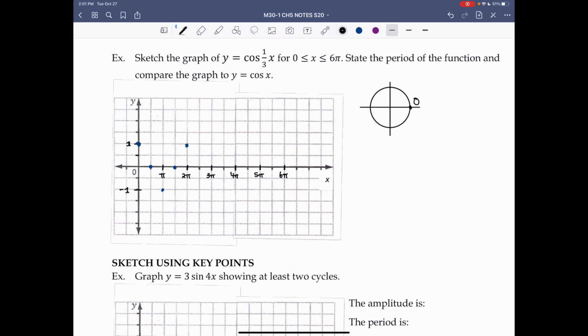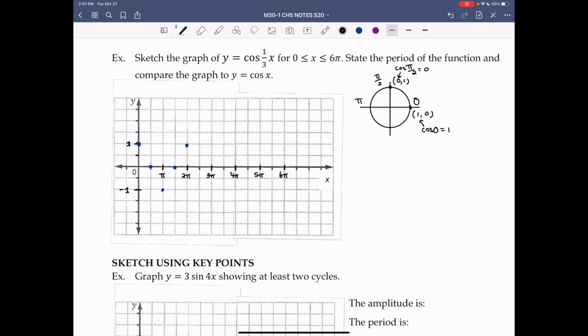At an angle of 0, we have the point 1, 0, which tells us that cos at 0 radians equals 1. Then at pi over 2, we have 0, 1, which tells us that cos of pi over 2 equals 0.